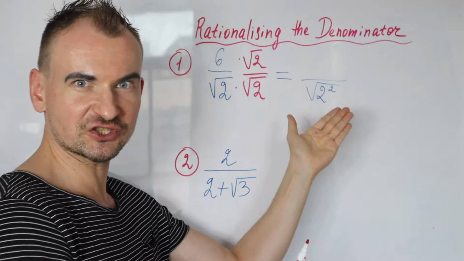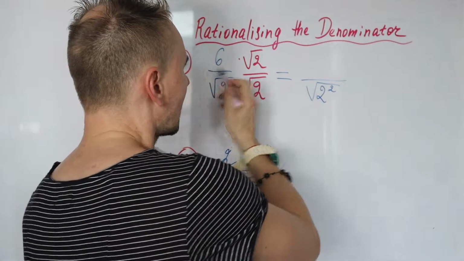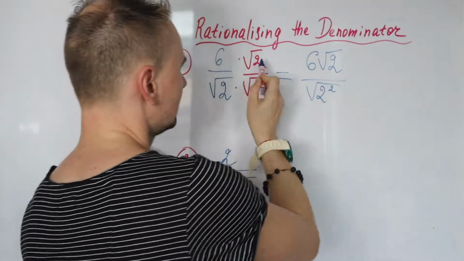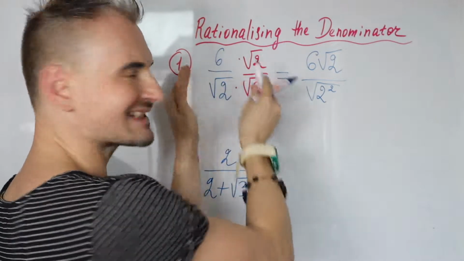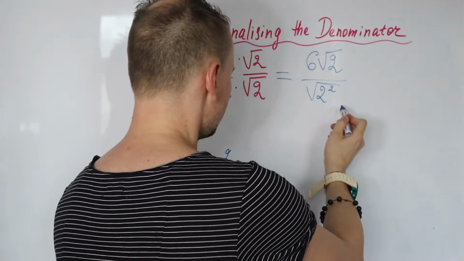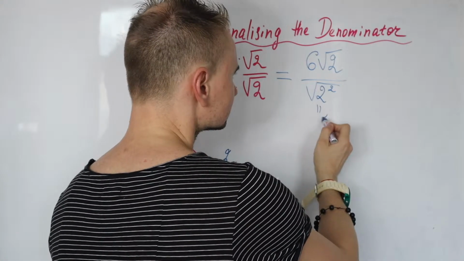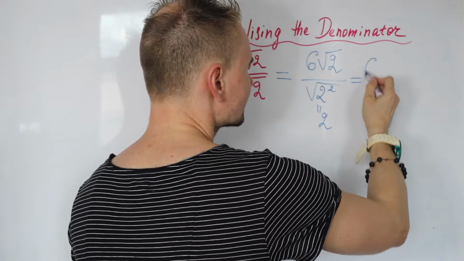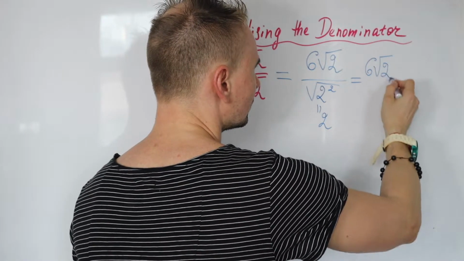So it becomes just 2. And your top, you multiply straight across these top numbers. So since the bottom is just 2, it becomes 6 root of 2 over 2.